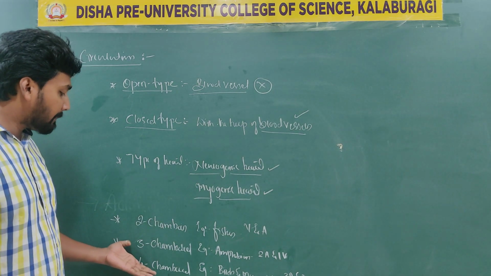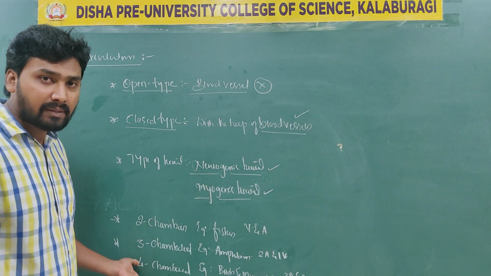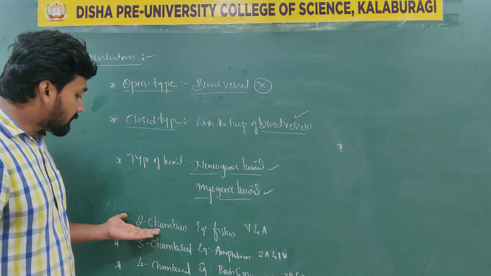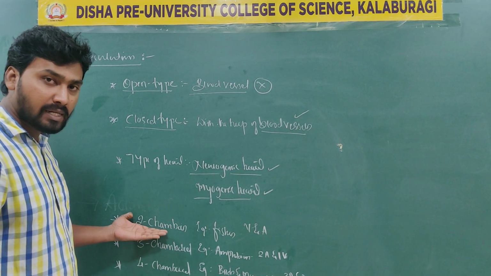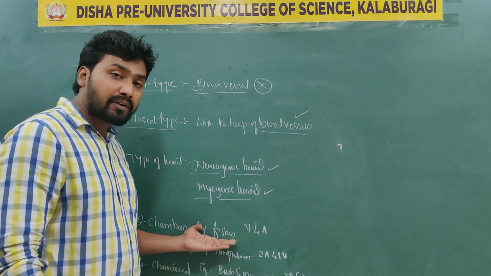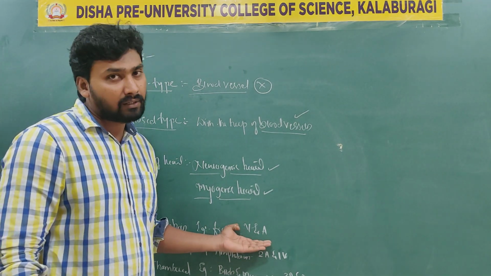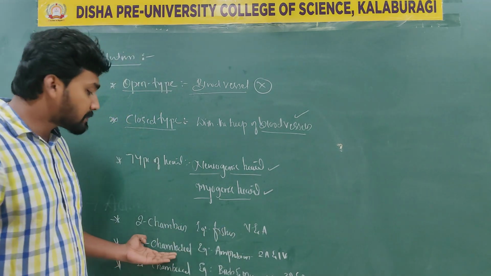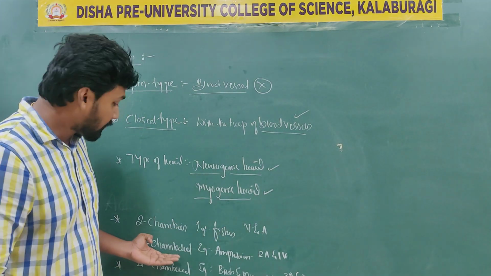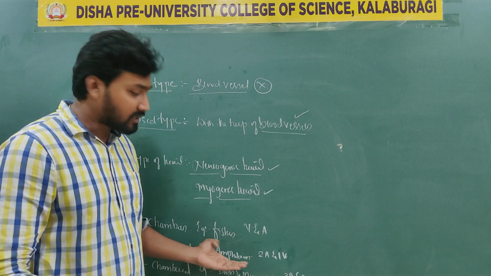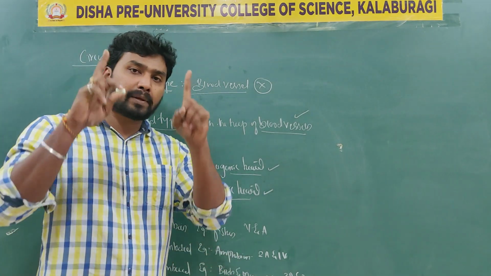When you compare the number of chambers the animals possess, some animals have a two-chamber heart, which we see in fishes.